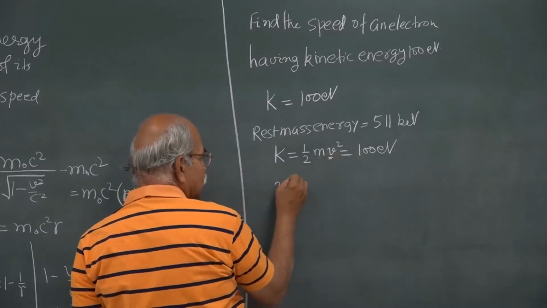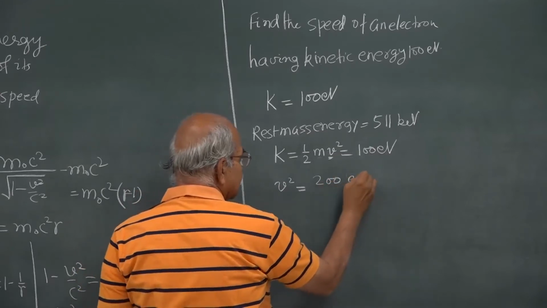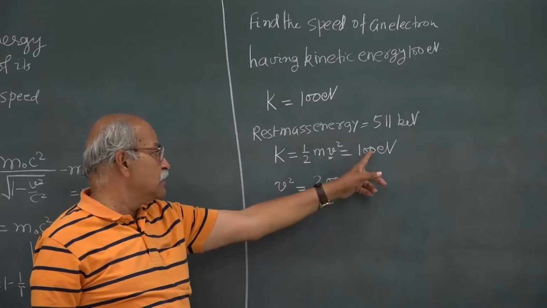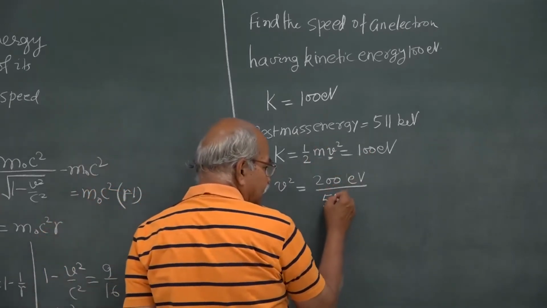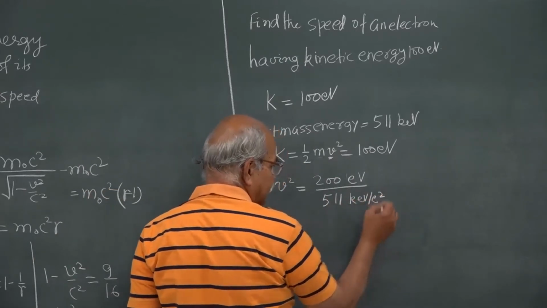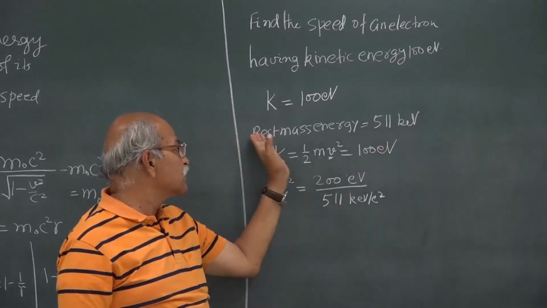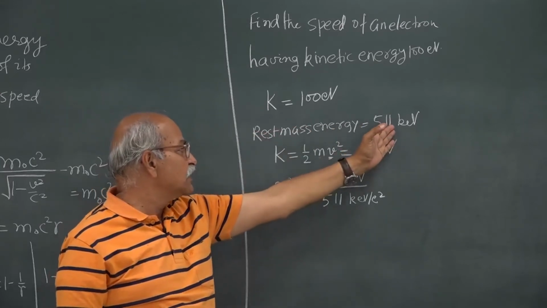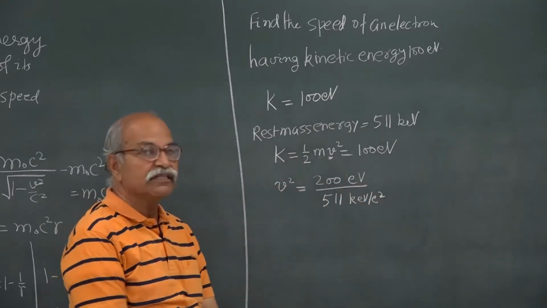So, we can write v square is equal to 2 into this, 200 eV, divided by mass. Mass I can write as 511 keV per c square, because m c square is 511 keV, that is the rest mass energy. So, the rest mass is this 511 keV divided by c square.